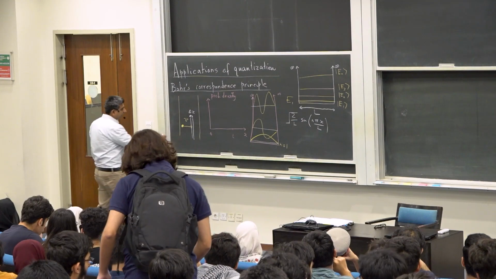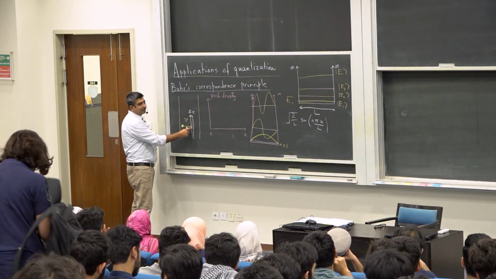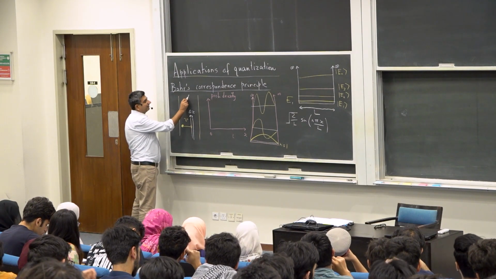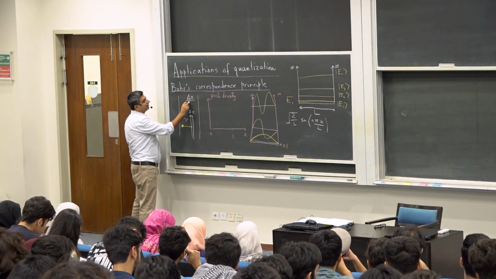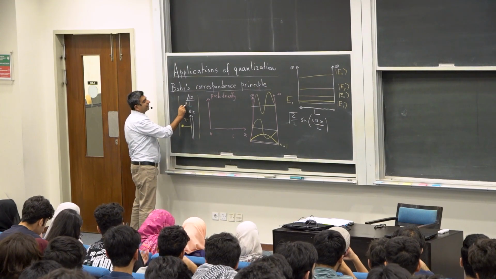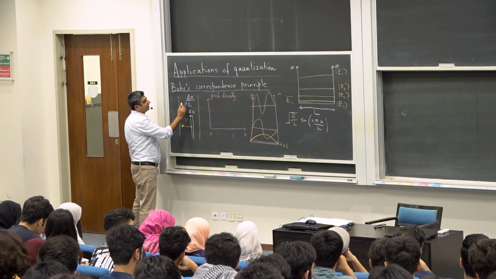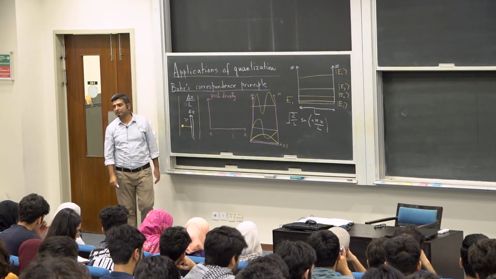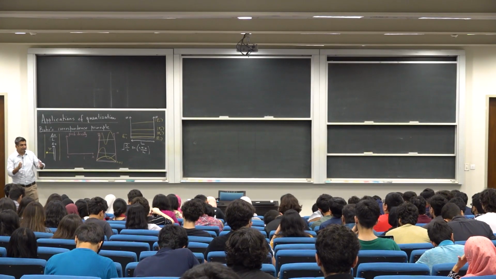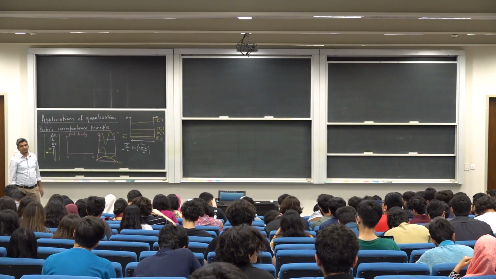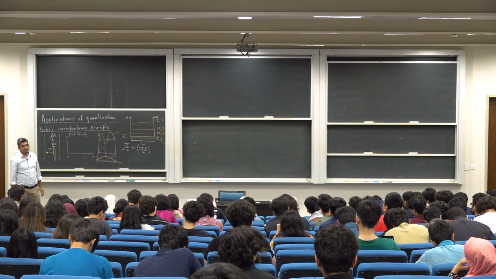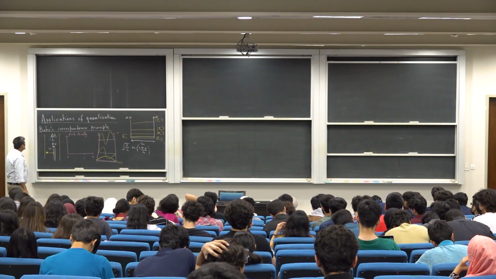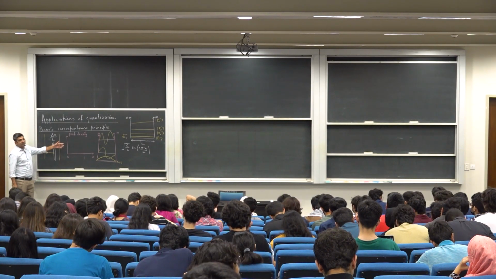So the particle could be here, it could be anywhere, and the probability of locating the particle in this length will be delta x over L. So it's just a fraction of this delta x divided by the total length. That's the probability. Correct? And this probability is a constant.